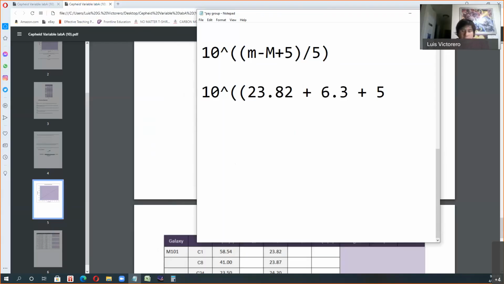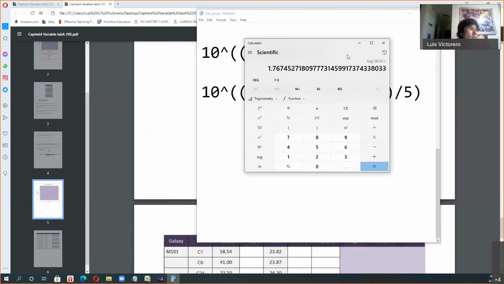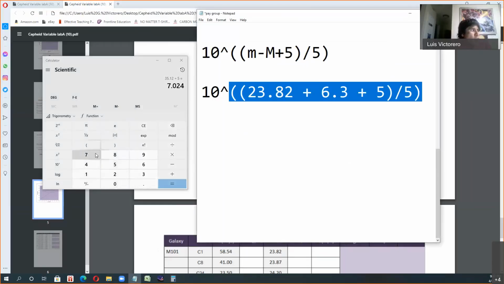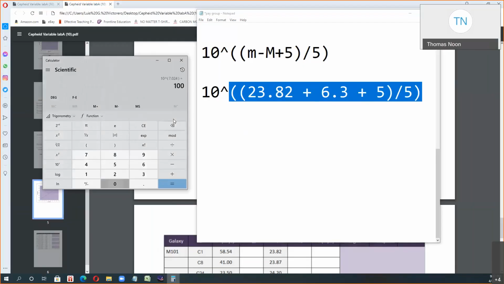You add all that, then you divide by 5. In the calculator, you have to do it step by step. Do not put everything in the calculator at once, or it's going to mess it up. So you get the exponent, then you do 10 to the power of that. But that's not enough: you have to divide that by a million. 10.57 is the answer.